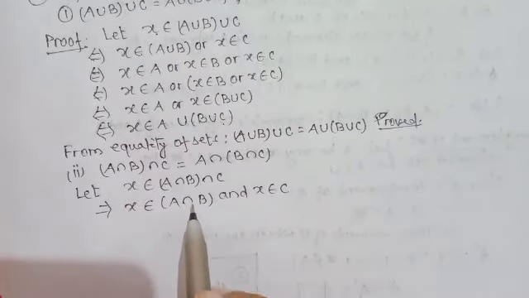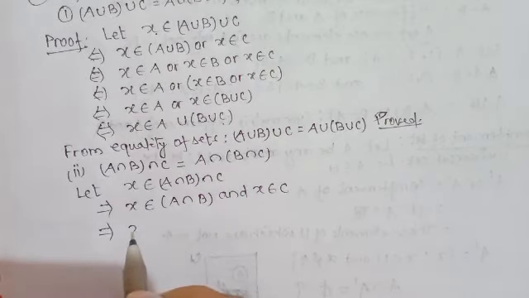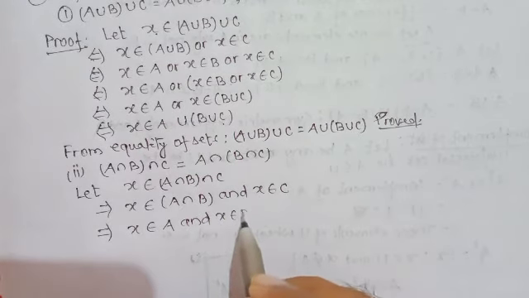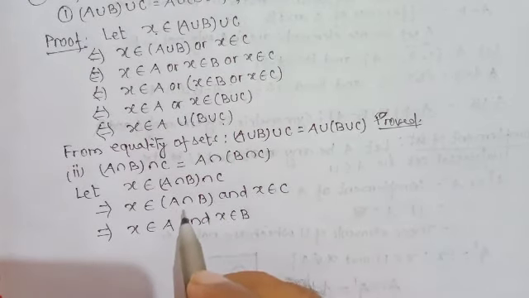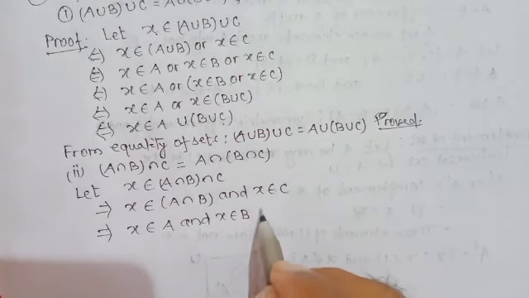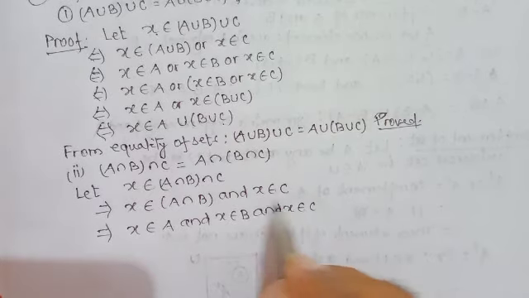From A intersection B, we have x belongs to A and x belongs to B. This is meaning of A intersection B, and x belongs to A intersection C is already here.